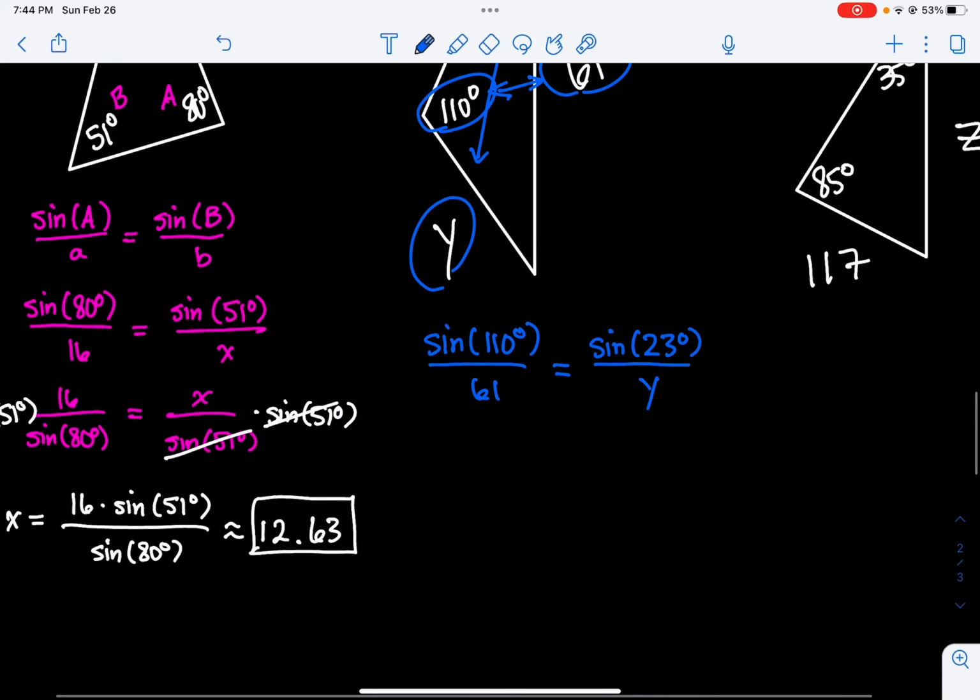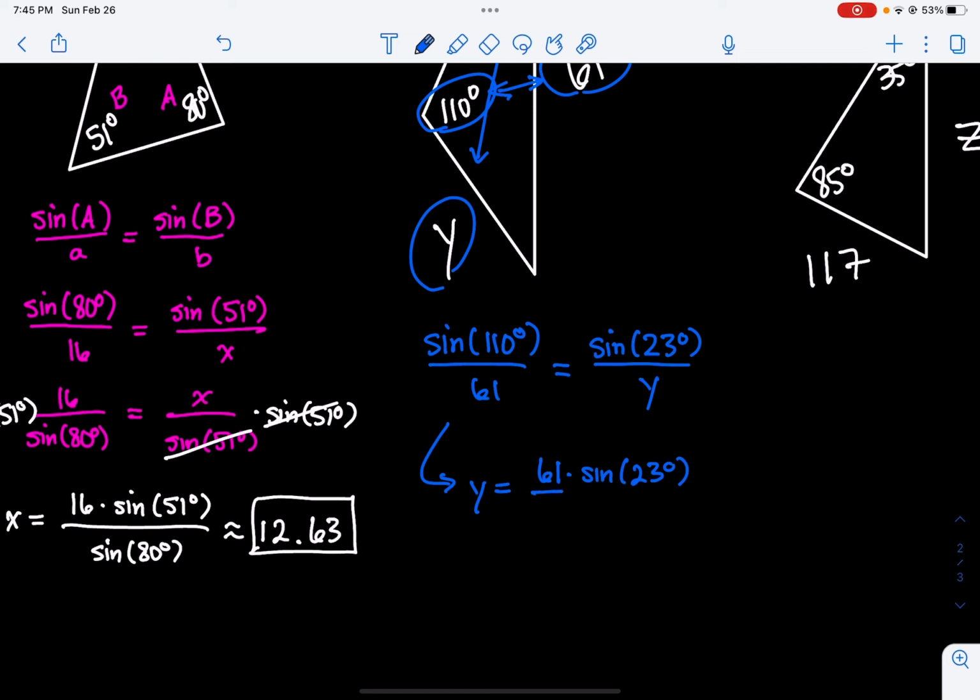I might skip over some of the steps to save time, but this one's going to solve very similar to the last one. If you solve for y, you should end up with 61 times sine of 23 over sine of 110.